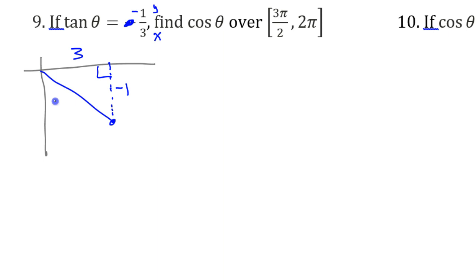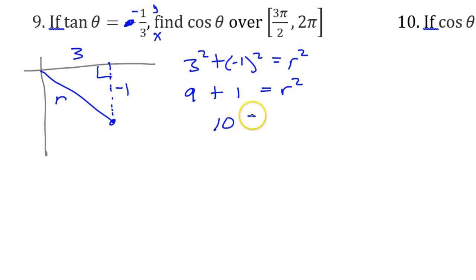So now I need to find out what is the radius, which is always positive. So Pythagorean theorem. So x squared plus y squared is going to equal the radius squared. So 9 plus 1, so 10 is equal to the radius squared. So the radius will equal the square root of 10. Okay, so now cosine. Well, cosine is x over r.